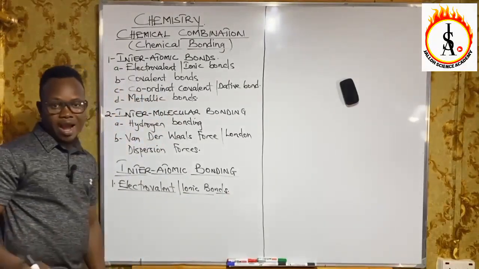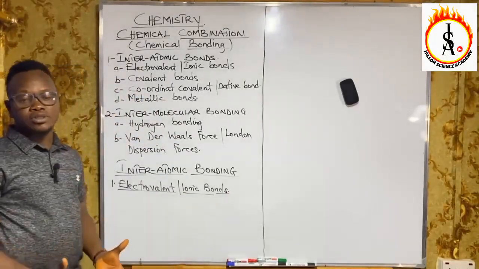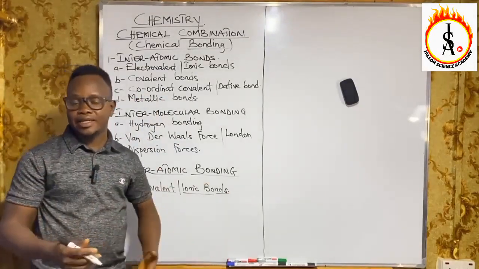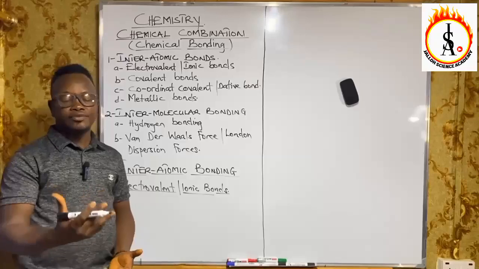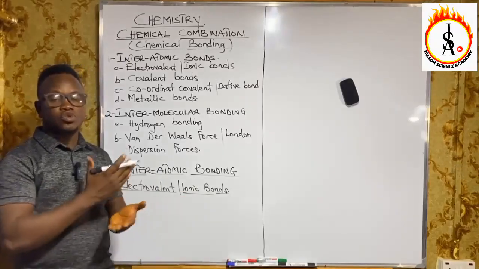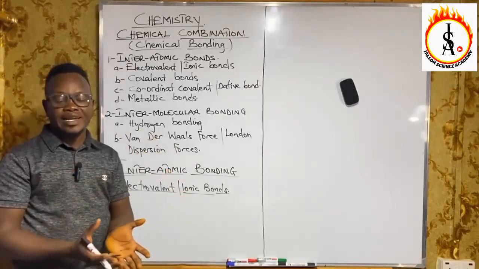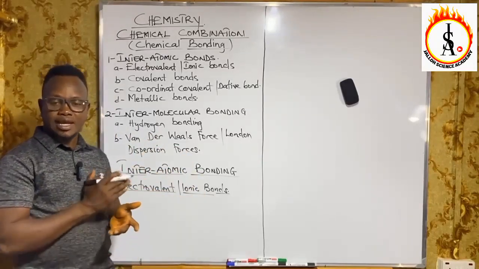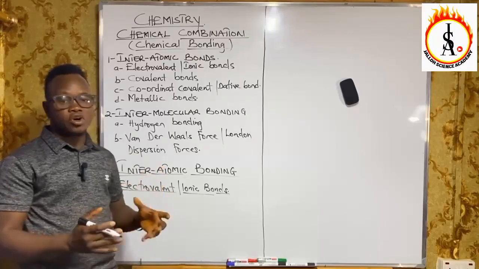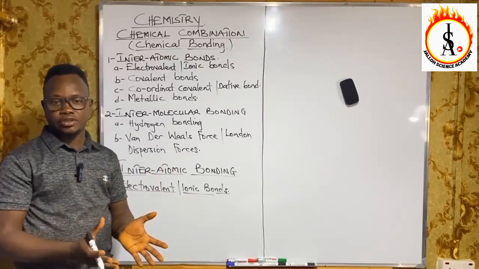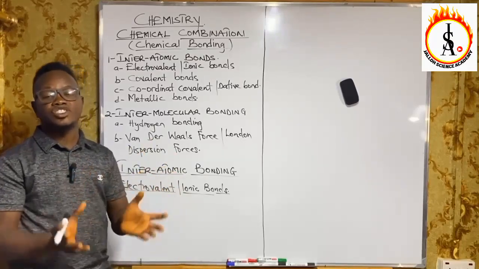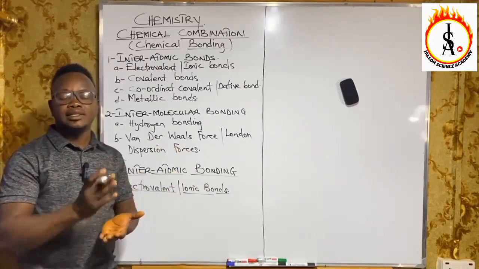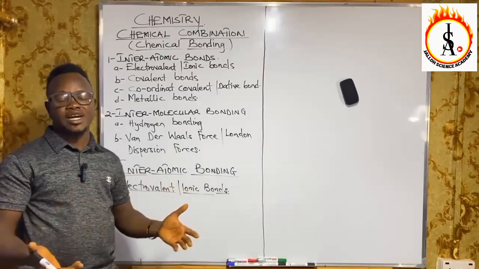Electrovalent or ionic bonds are bonds that take place between a metal and a non-metal, wherein the metal is going to donate its valency electrons and the non-metal will accept. As the metal donates, it becomes positively charged. It's going to become a positively charged species. We refer to it as a cation, and the non-metal becomes a negatively charged species.